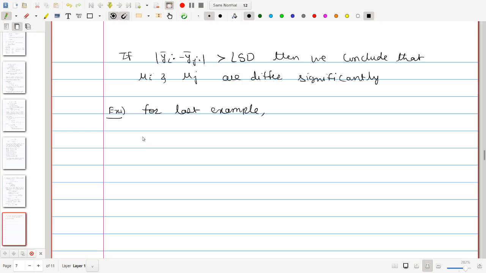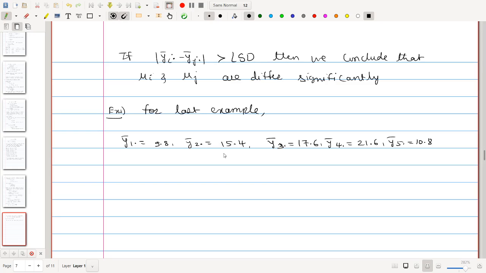For the last example, you know ȳ1. is 9.8, ȳ2. is 15.4, ȳ3. is 17.6, ȳ4. is 21.6, and ȳ5. is 10.8.